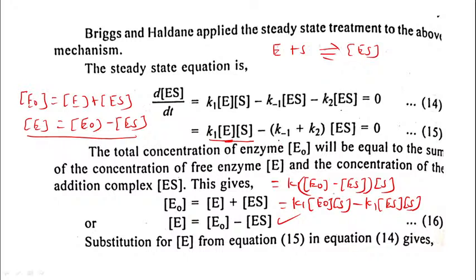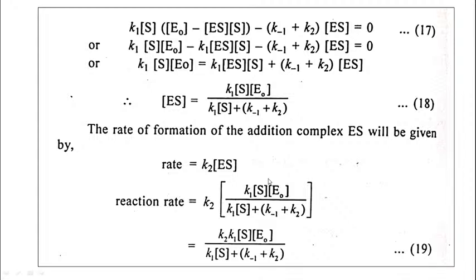Now let us take this on the right side. So you can see here, k1 into concentration of the substrate into concentration of the E0 minus this. Okay, so we can simplify this. This has a minus sign here.